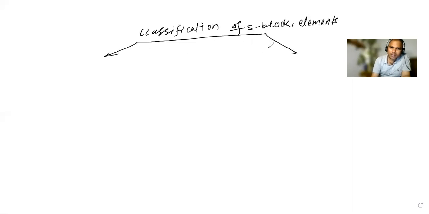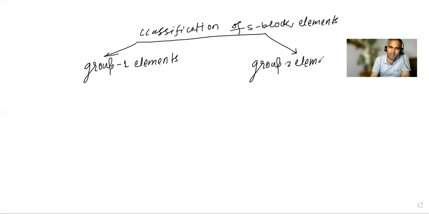What are these two categories? S block elements are classified into group one elements and group two elements.